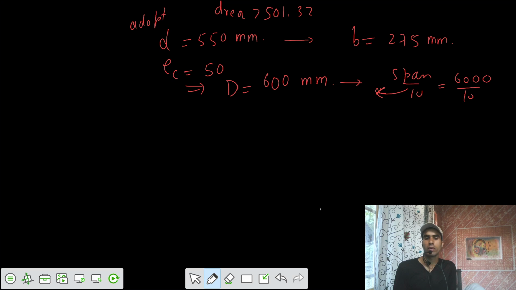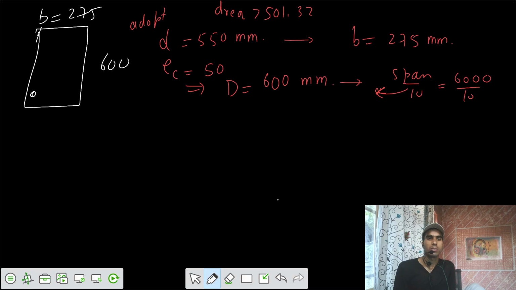The assumed value is sufficient to design this problem. So finally, our cross section of the beam has b equals 275, capital D of 600, effective cover 50, and small d is 550.